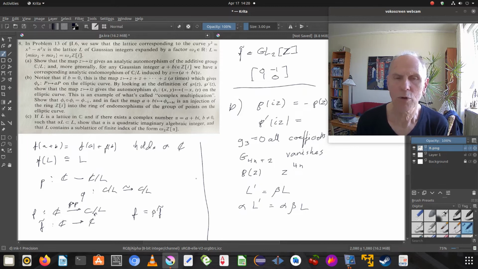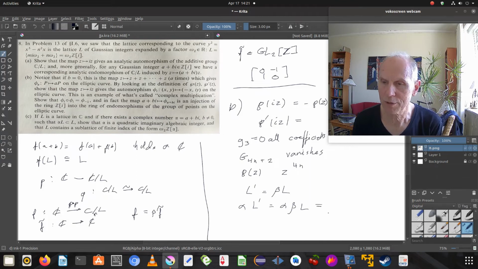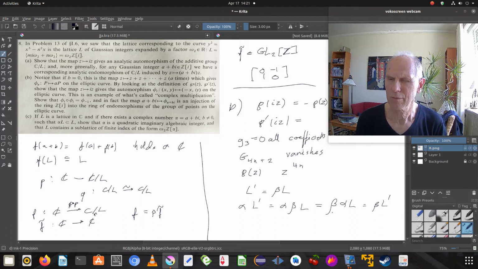Now, what was the point here? If we take alpha, then we use the commutative law of complex numbers. I just lost focus here. This lies in beta L, which equals L prime.